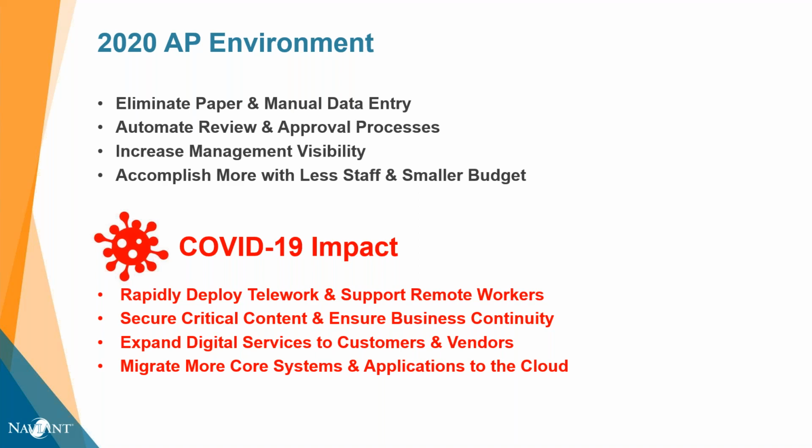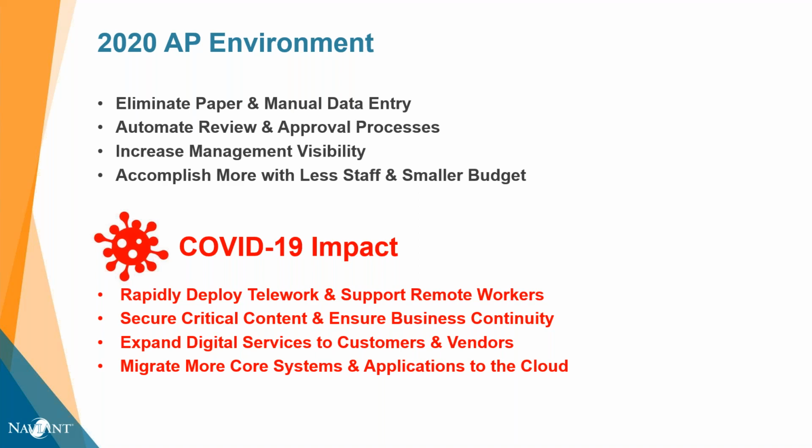We have deployed remote workers rapidly. We have content that we need to secure and ensure continuity of business. We have customers and vendors that we need to expand and have digital services provided. And we are looking at migrating these core systems to the cloud to make them more secure and reliable.